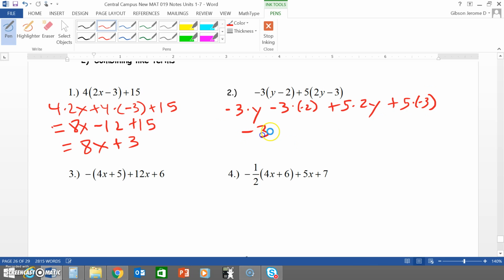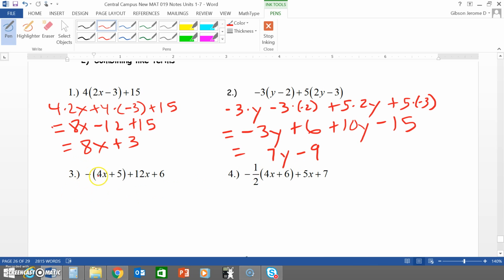So this will give us negative 3y plus 6 plus 10y minus 15. Now we have to combine the like terms. Negative 3y plus 10y is 7y, and 6 minus 15 will give us a minus 9.